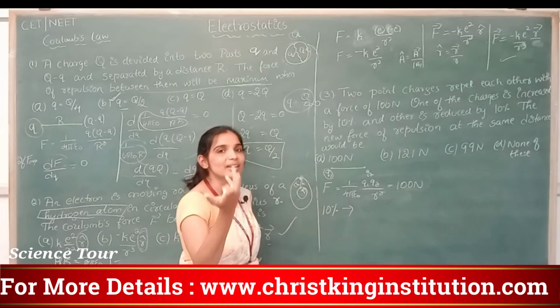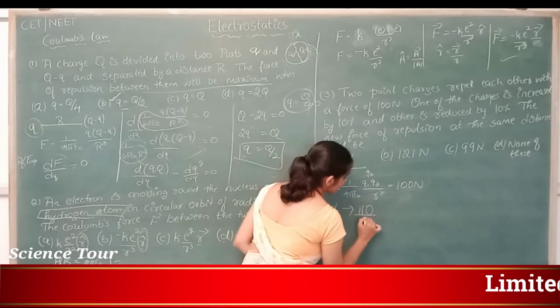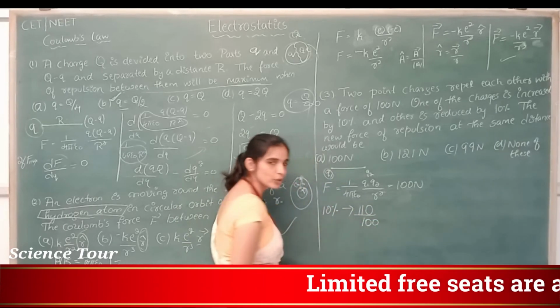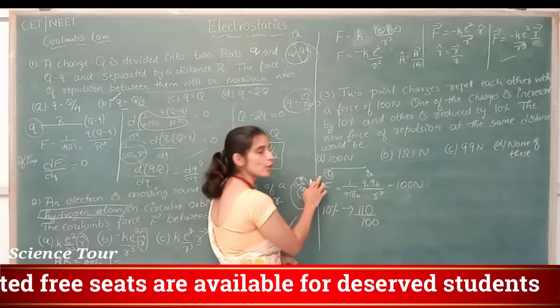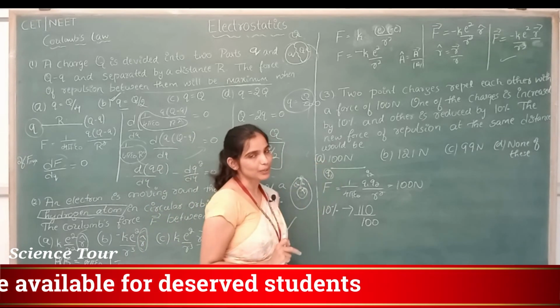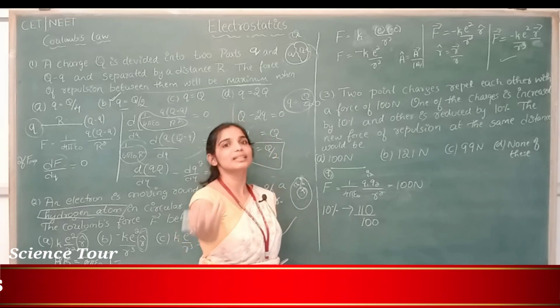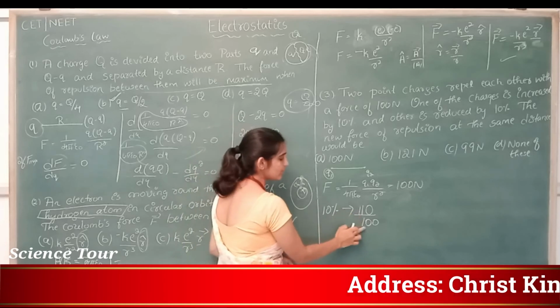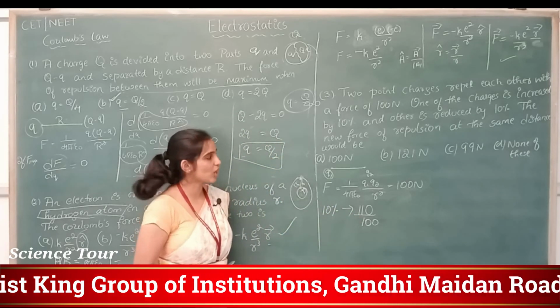Its charge increased by 10% means 110 divided by 100. Do you agree with that? The charge was 100% initially. Now I increase it, means it will become 110. So 110 divided by 100 is nothing but a 10% increase in the charge.